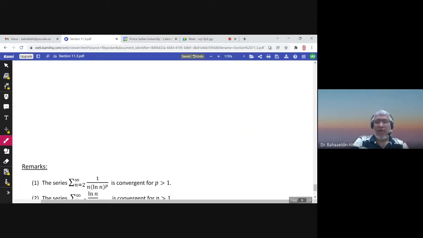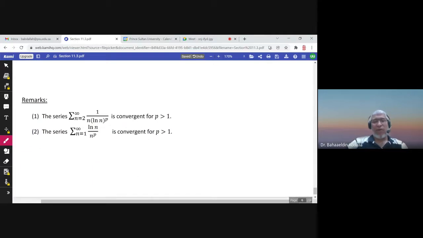So I'm giving you here in this remark two series frequently given in the exercises and the convergence conditions for them. This series is convergent for p greater than 1, and this series is convergent for p greater than 1 also.